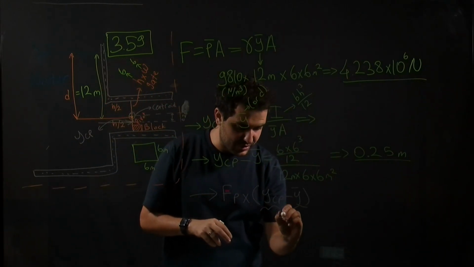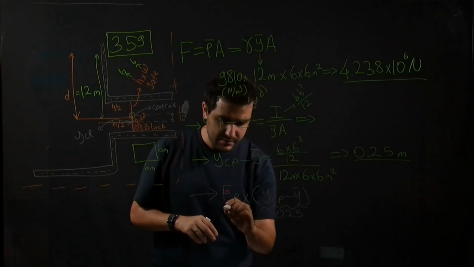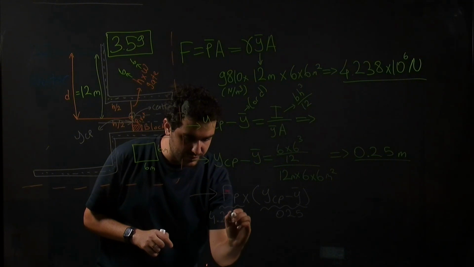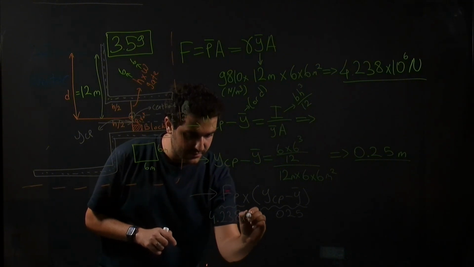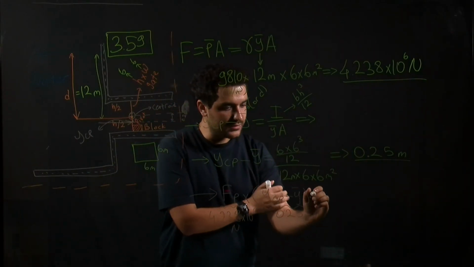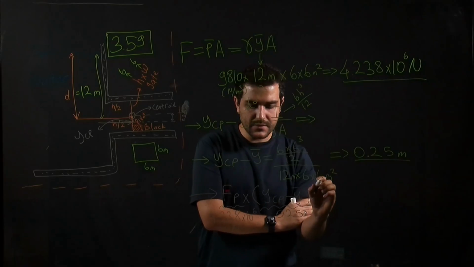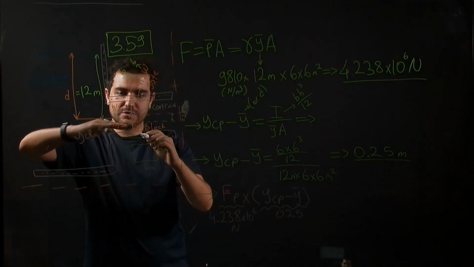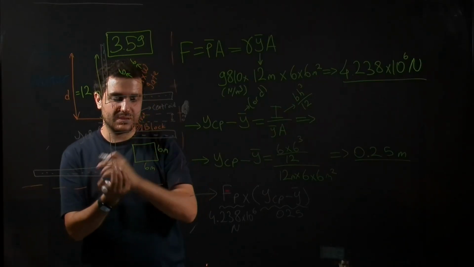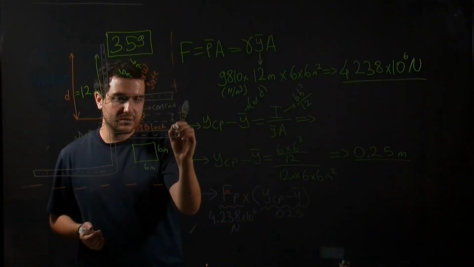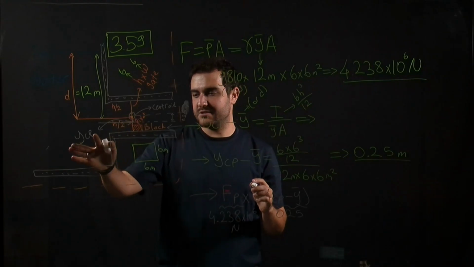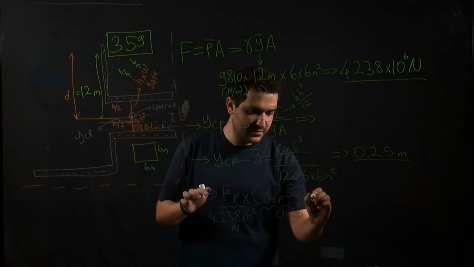So this is 0.25, and this is 4.238 Newton. So this is equal to, so we have force from left to the right, and we will get the force of block. So it will be from right to left. So if you take this as reference, this will be positive, this will be negative.